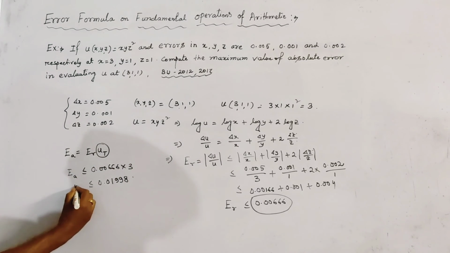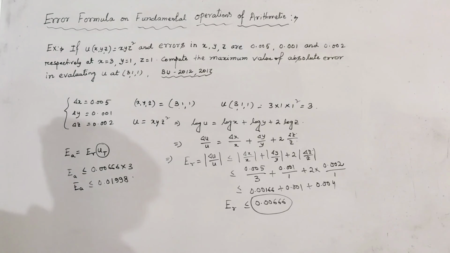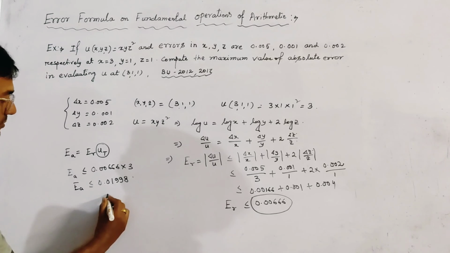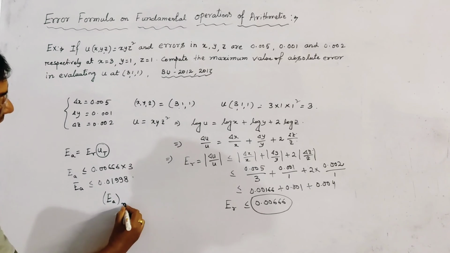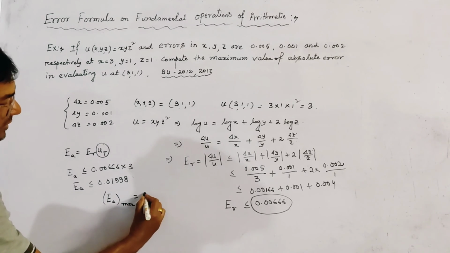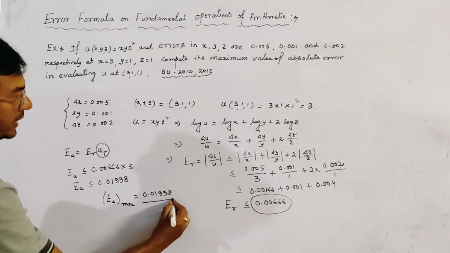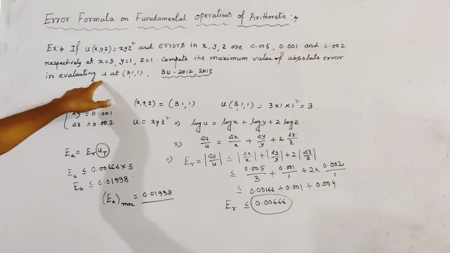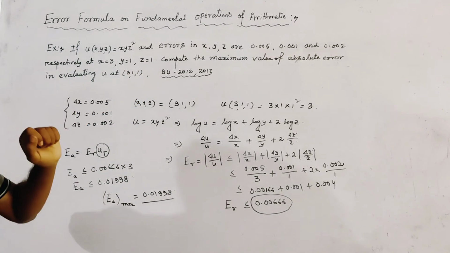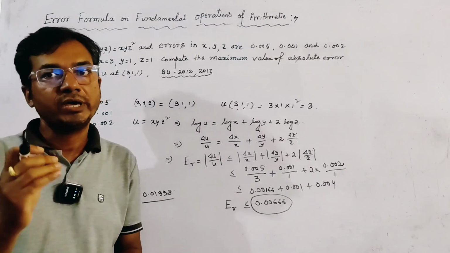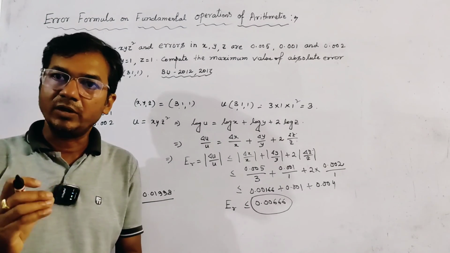So our answer is EA max = 0.01998 in computation of u at the point (3, 1, 1). This is a very important and interesting problem of error. Thank you for watching.